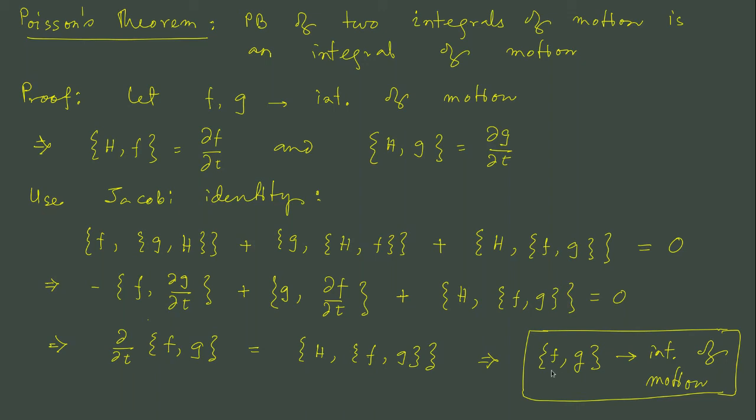Then by definition, a will have to be another integral of motion. So the Poisson bracket {f, g} is another integral of motion, and this proves it.